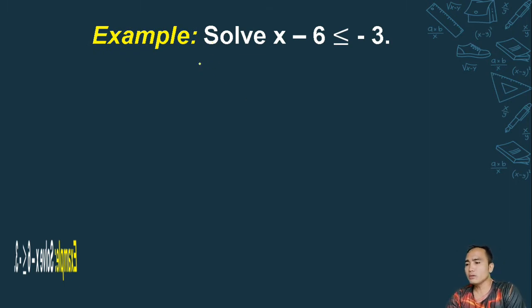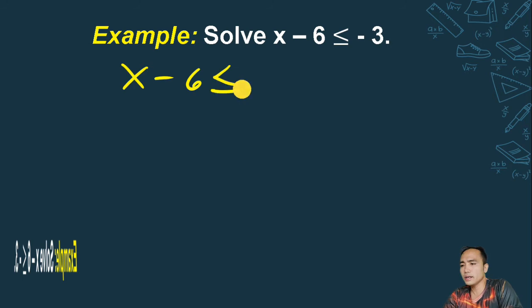Next, solve for x in x minus 6 less than or equal to negative 3. For x minus 6, we're going to take the additive inverse of negative 6, so plus 6 on both sides.